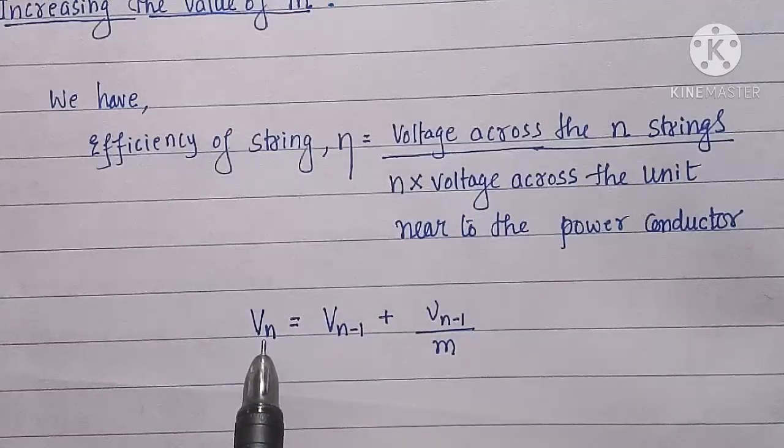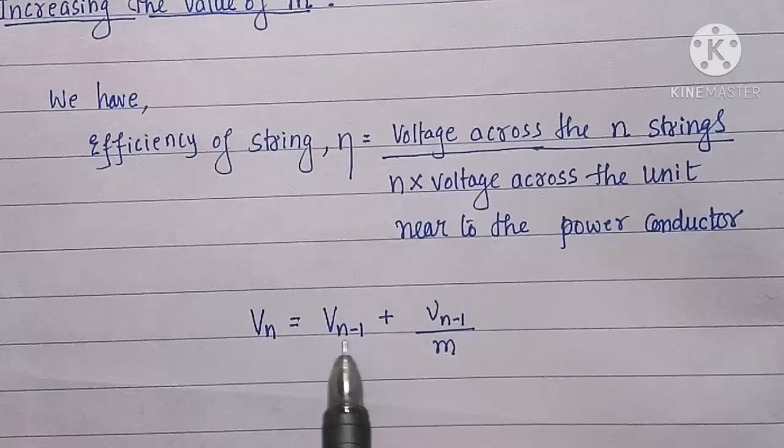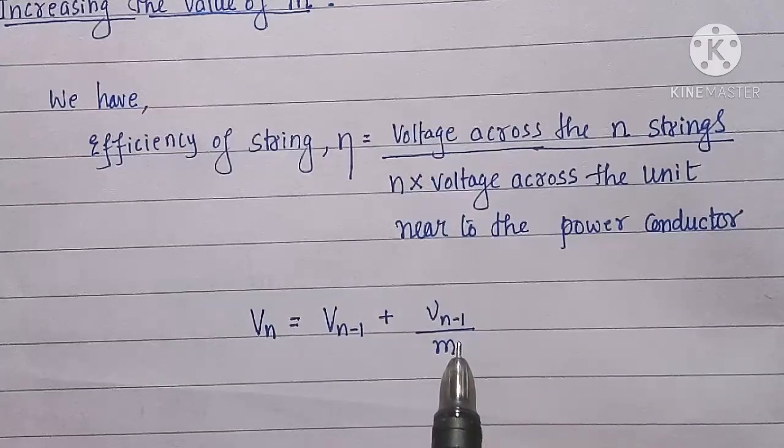So to decrease the value of Vn, we can increase the value of m. If I increase the value of m, then this second term value will decrease. Second term added to the first term will also decrease.